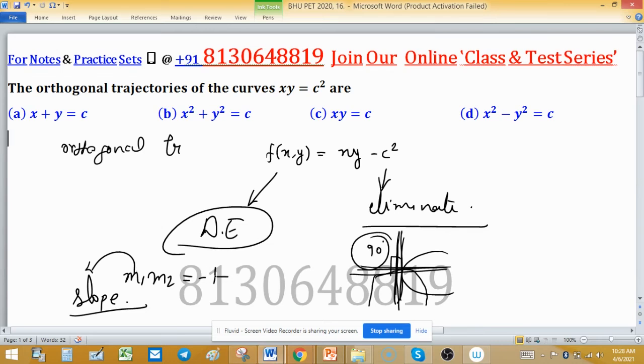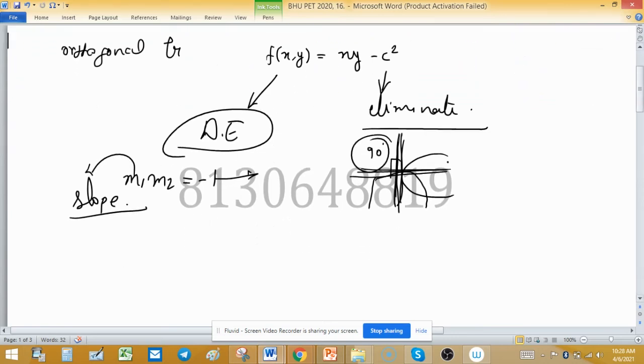This is the condition we studied in 11th or 12th standard, at school level. So to obtain the orthogonal trajectory, replace dy over dx with minus dx over dy. This is the condition, or another form of it.